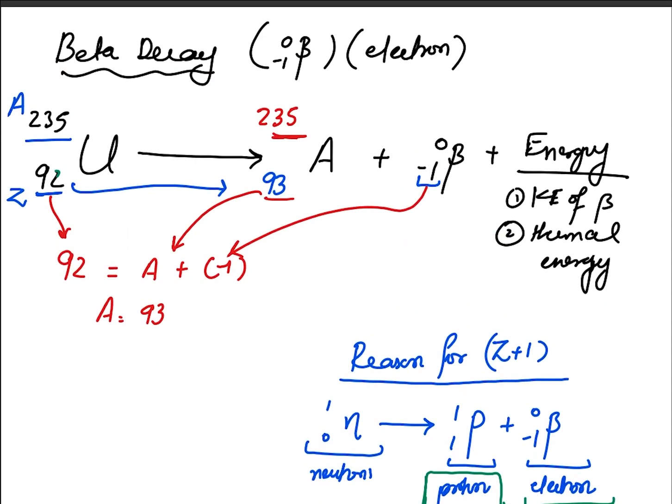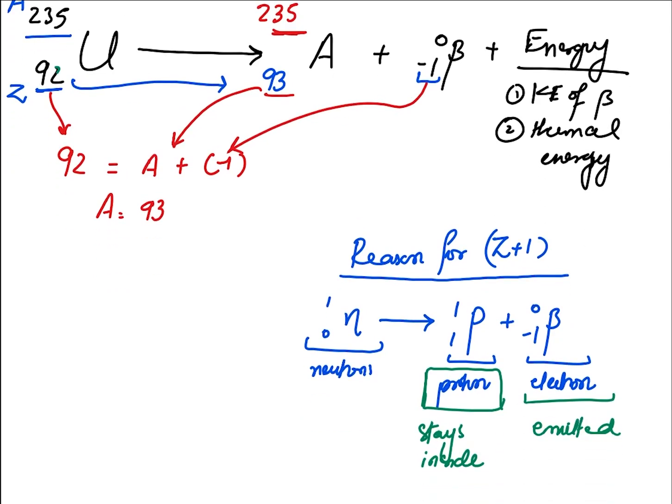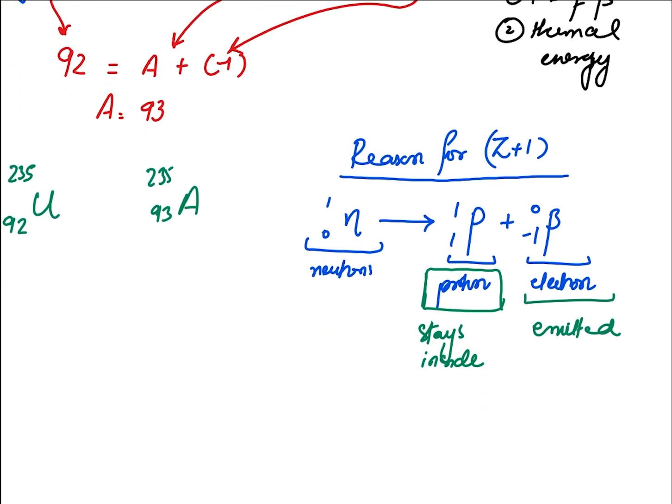Now let's try to analyze the number of particles inside U and inside A. So this is U, 235, 92, and this is A as 235, 93. Let's analyze, do we see that addition of one proton or not?